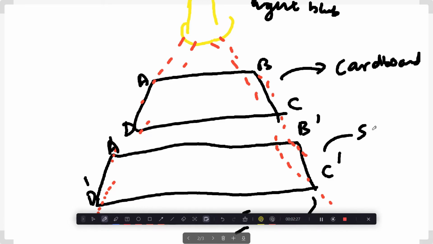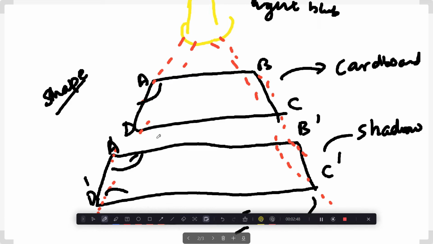We see that there is a shadow of this quadrilateral underneath it, which is the same in shape. In fact, what we can say is that these angles are equal, and these sides are in the same proportion.